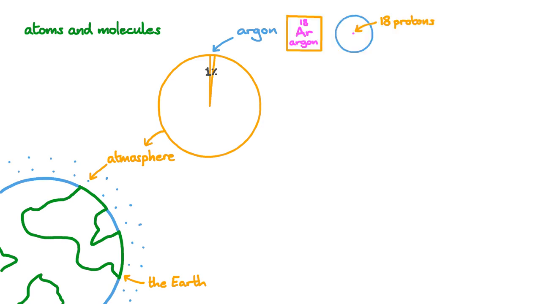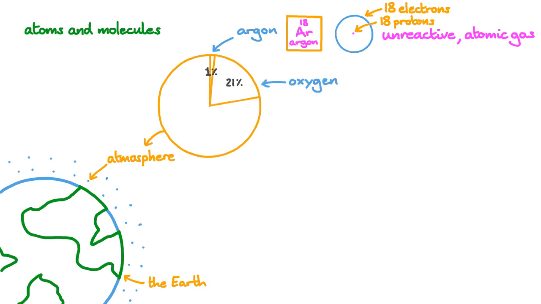What this means is that these atoms have 18 protons in their nuclei, and these atoms of argon also have 18 electrons each. For reasons that are beyond the scope of this video, argon atoms are unreactive, and so they go around in the atmosphere as an atomic gas. What this means is, when argon atoms interact with other atoms, they just bounce off.